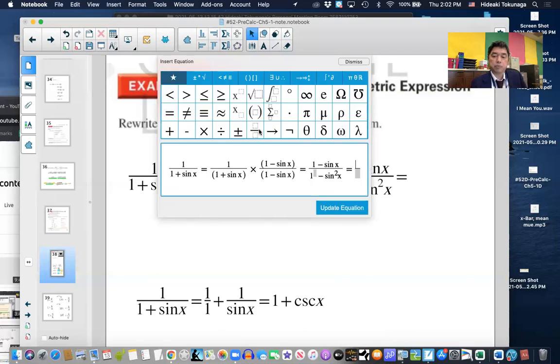So the denominator is now cosine squared x. All right, how about this one? It's nothing to do with it. Oh, we can't do it because there's no square sign. Let's see.